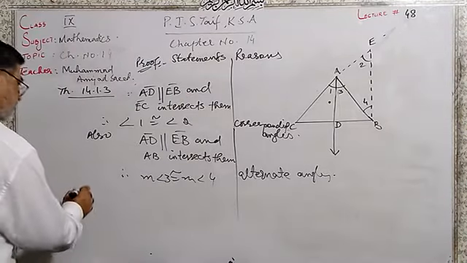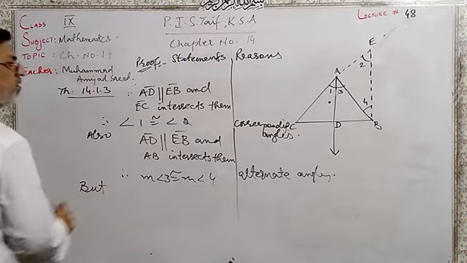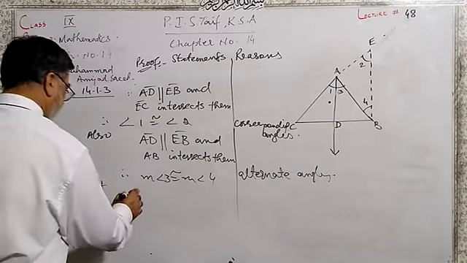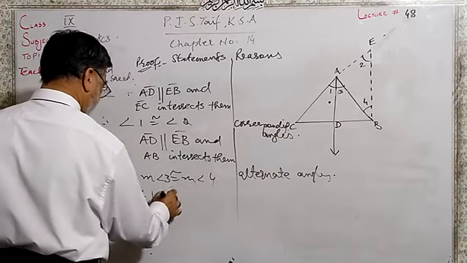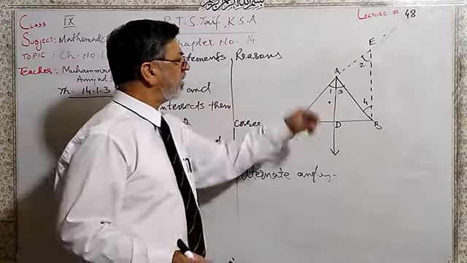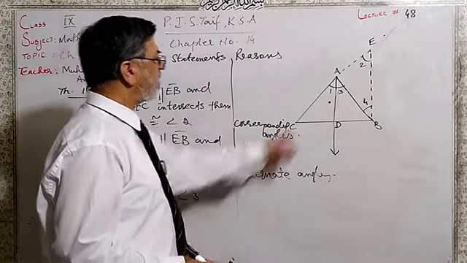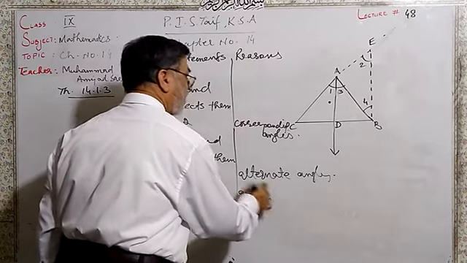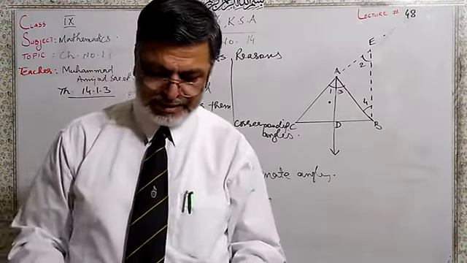But angle 1 is congruent to angle 3. Angle 1 is congruent to angle 3 because this is the internal bisector that was given, because AD is the bisector.